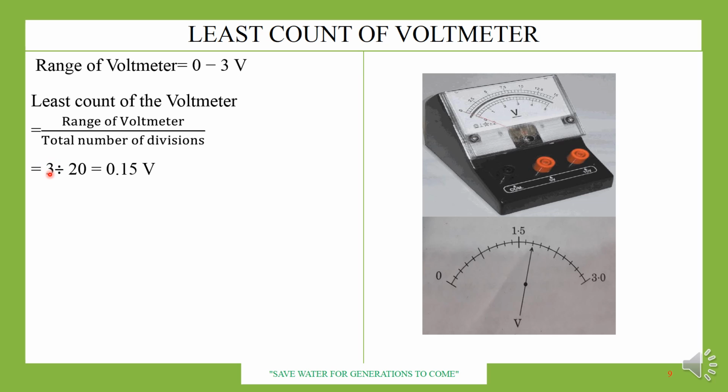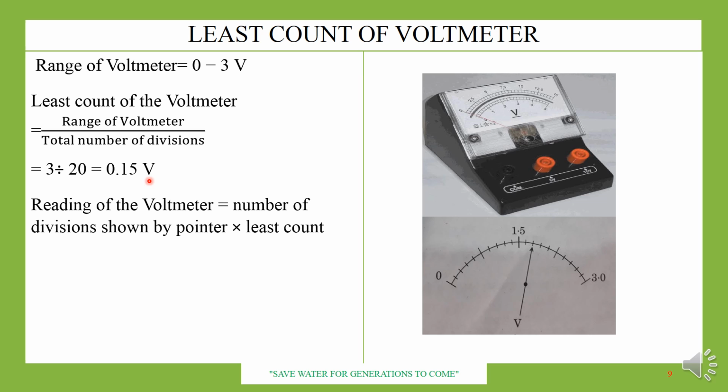So 3 into 5 is 15, and 20 into 5 makes 100. So 15 upon 100 means 0.15 volt. This way you should try to solve the numericals. Go for simple use of the rules of mathematics, right?